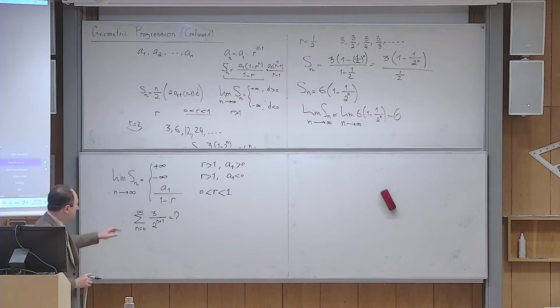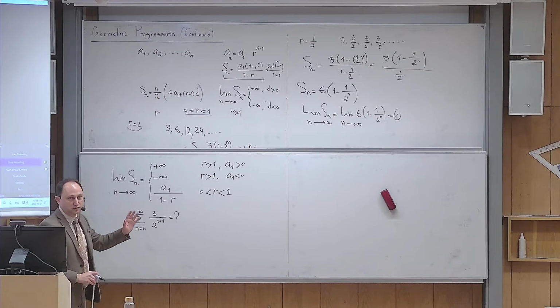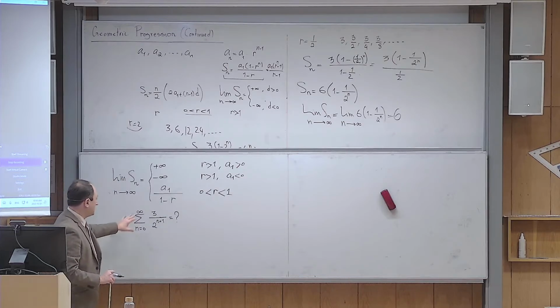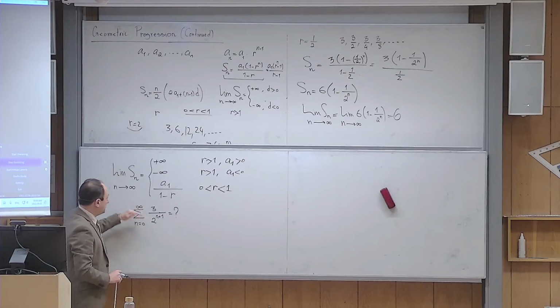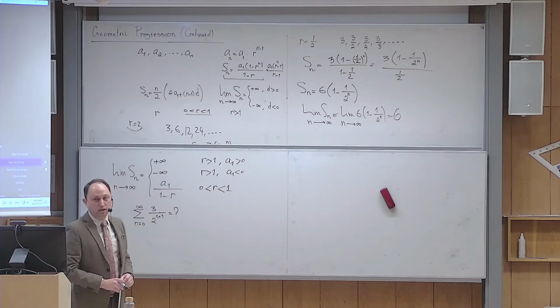Whenever you see infinity on top, remember there's only one scenario for you. They are asking something about geometric progression, because you haven't studied anything else like this before. So whenever you have a sigma with infinity on top, it probably means you are facing a geometric progression with infinitely many terms.